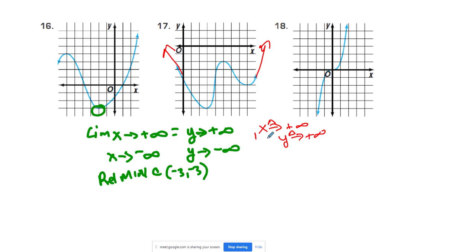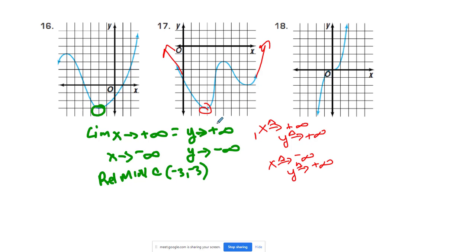That's what's happening over here. What's happening on this side is as x goes to negative infinity, y goes to positive infinity.